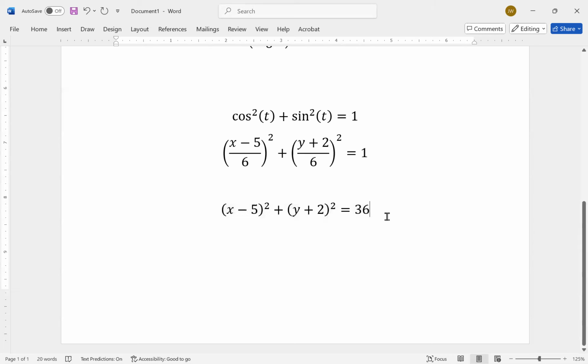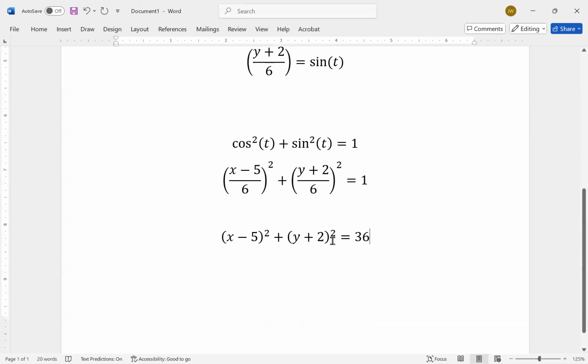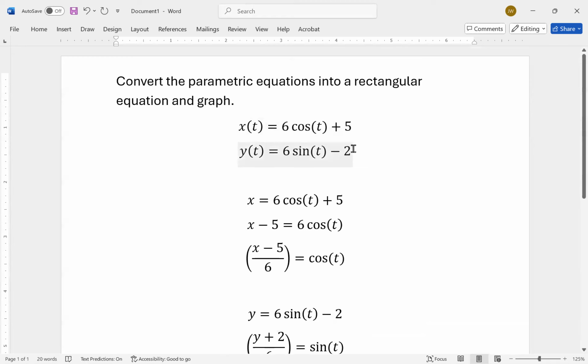Let's go ahead and graph both the rectangular and the parametric equations there. Again, I will do this on Desmos, but you could also do the same thing with your TI-84 calculator.